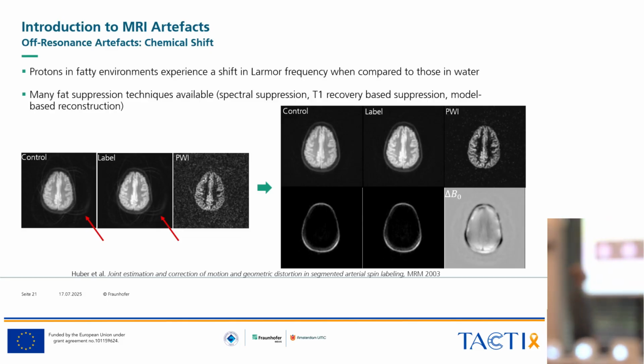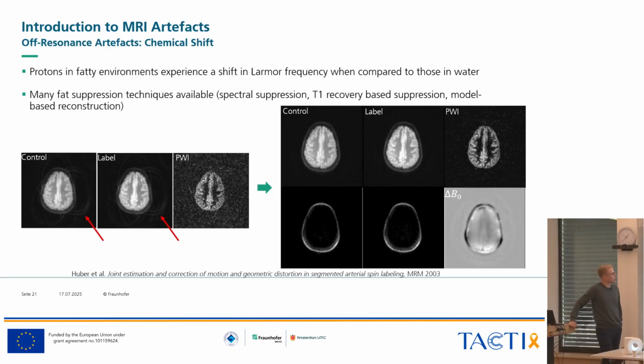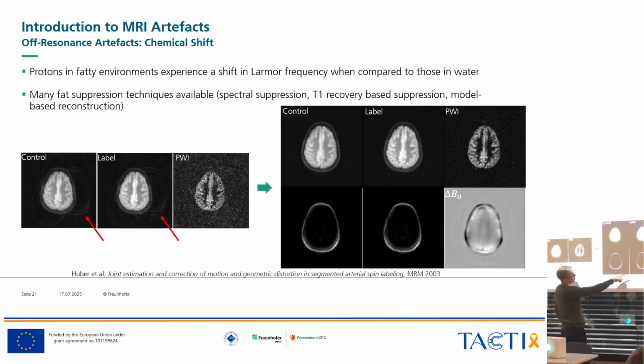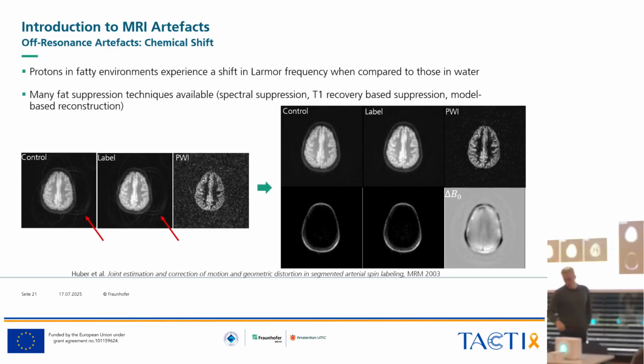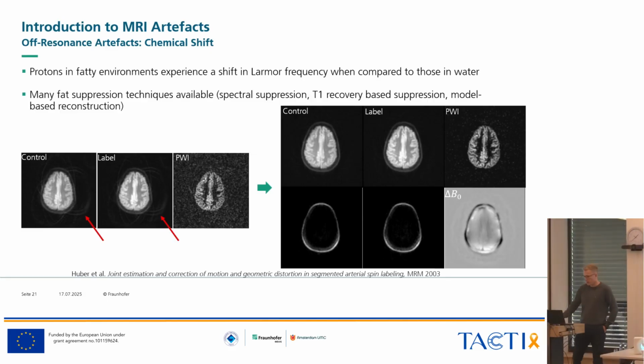So instead of using just a Fourier transform, you could develop a more complex model which includes this shifted fat, and then do a conjugate gradient optimization, where you could split all these types of effects which result in your distorted and shifted signal. So you would get control and label water images, you would get the fat images for them. You would also get an estimate of your B0 or your inhomogeneity map, and also this perfusion-weighted ASL signal in that case.